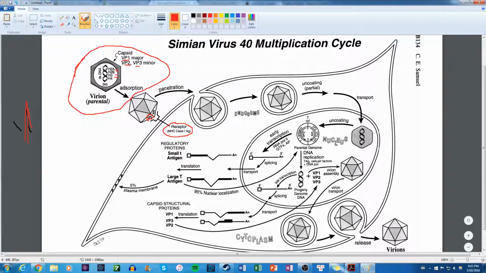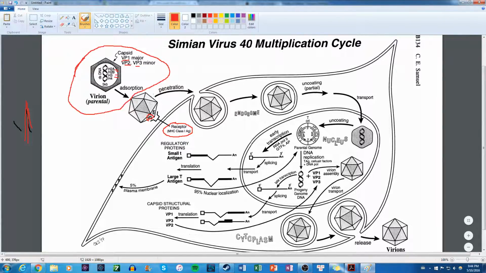First is that because it's a double-stranded DNA virus, SV40 is infectious with the genome by itself. So you isolate the SV40 genome, and the genome is infectious. The second thing is, if this viral DNA goes into a non-permissive cell, it will literally transform the cell into a cancerous one. Okay, so that's that right there.